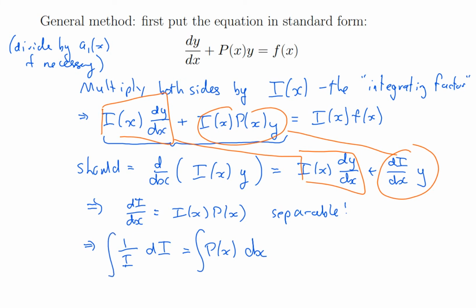I'm done. Antiderivative of 1 over I with respect to I is log I. I don't know what p is yet. It will depend on the particular equation. I'm not actually going to write the plus c in here because I just need one function I that will work. I don't need all possible solutions. So I get that the integrating factor must be e to the integral of p of x dx.